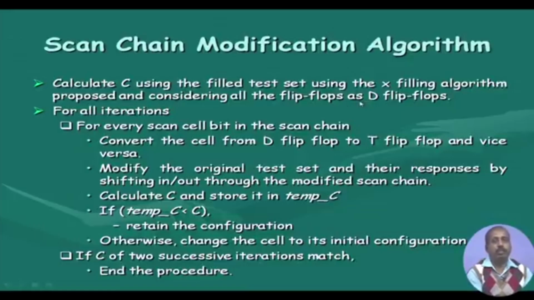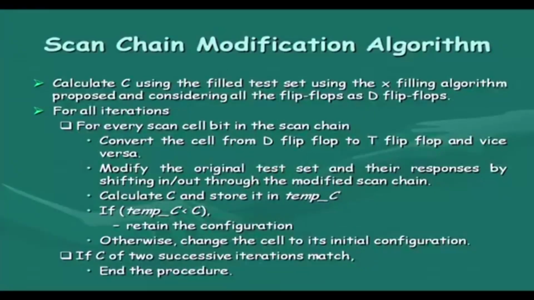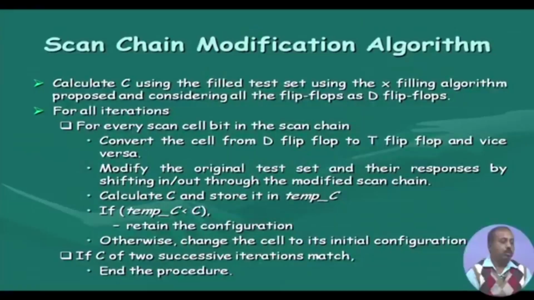That is basically the original circuit where all scan flip flops are D type, and the test pattern set is filled using the don't care filling technique we discussed previously. We calculate the cost function C, which is the maximum criticality value.